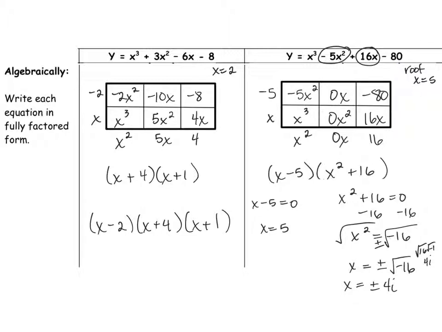So since I have an a value of 1 up here, I can rewrite this as x minus 5, and my first factor, x plus 4i, times x minus 4i, and running out of space there. So that's my fully factored form on that one.